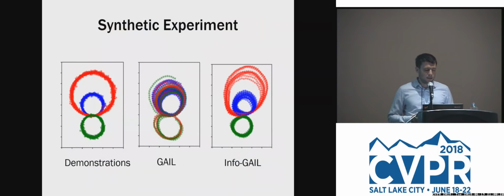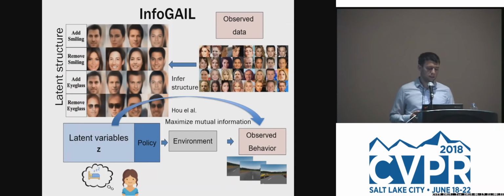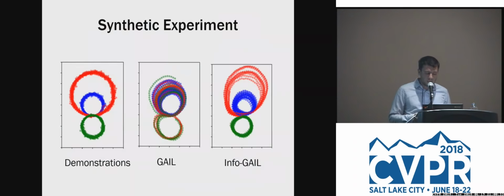What this does is it encourages the latent variables to capture the most salient aspects and factors of variation that you see in the behavior. One way to think of it is that you can try to cluster and identify different kinds of demonstrations that you might have in the data, hopefully in an unsupervised way.